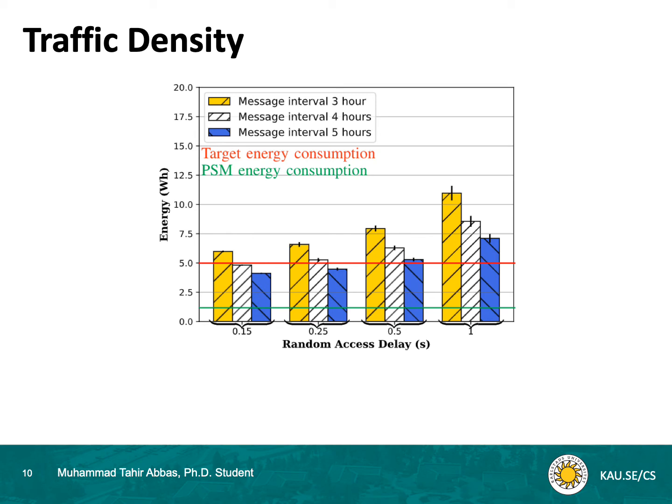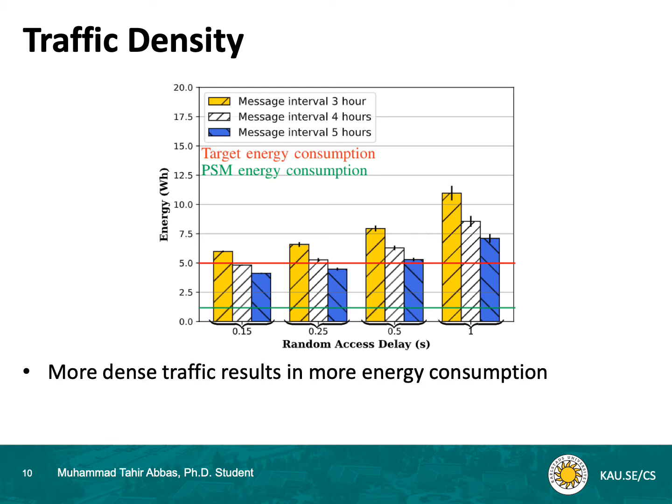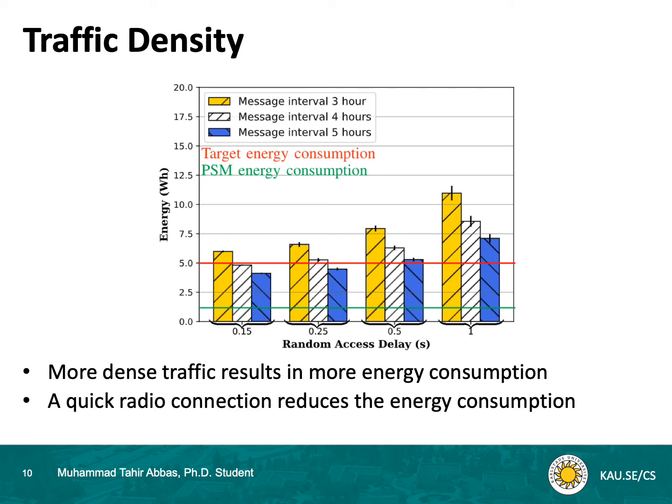So we can say that with less dense traffic, which we can see in the white and blue bars, we are able to achieve a battery life of 10 years for the first and second group of bars. So from this figure, we can say that more dense traffic results in more energy consumption, and a quick radio connection reduces the energy consumption.